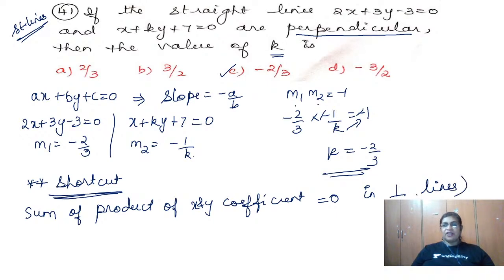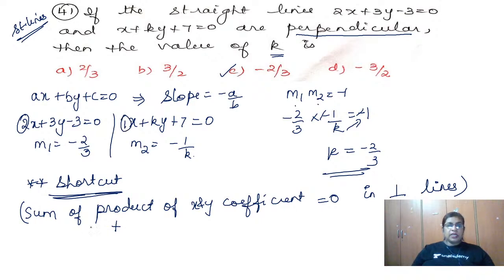Very easy. In 1 second you are going to get this answer. Sum means plus, of the product of x coefficient and y coefficient. Now look here, who is the x coefficient? The x coefficient is 2 and here the x coefficient is 1.